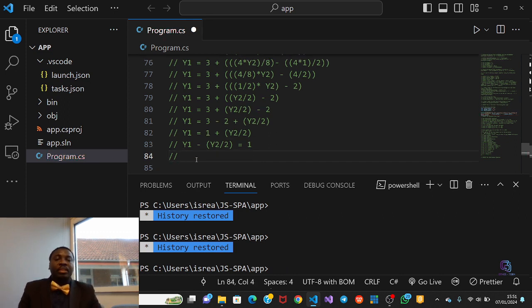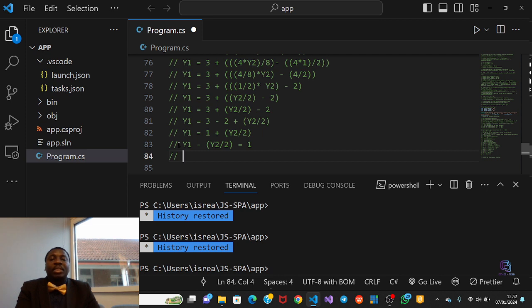So with this, I want to implement a formula, which is to multiply both sides by 2. Why multiplying both sides by 2? Because y2 divided by 2 has a denominator of 2, while the numerator is what? y2 of 1. So 1 times y2 will give you y2. So I want to make sure that I multiply both sides by 2.